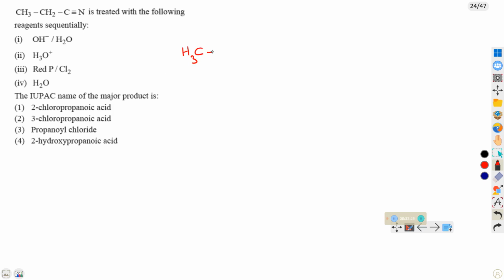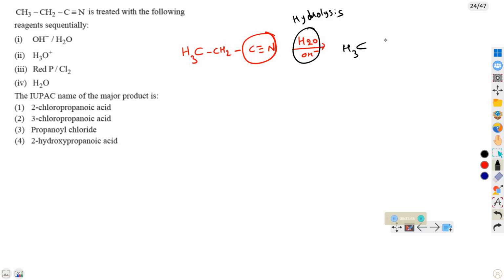CH3CH2C triple bond N, cyanide, undergoes hydrolysis. Then it gives carboxylic acid, CH3CH2. Complete hydrolysis product is carboxylic acid.